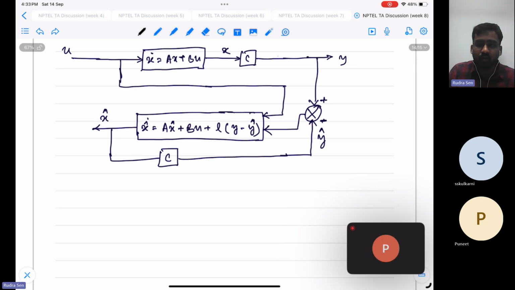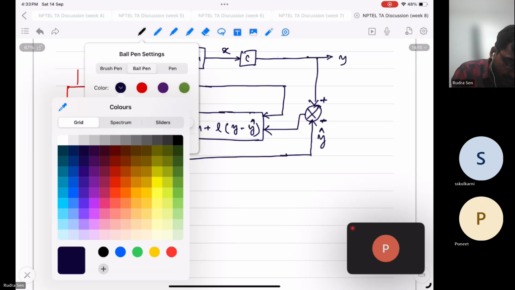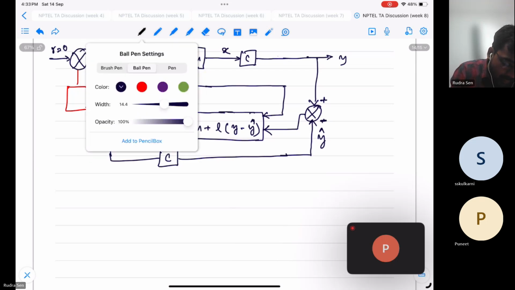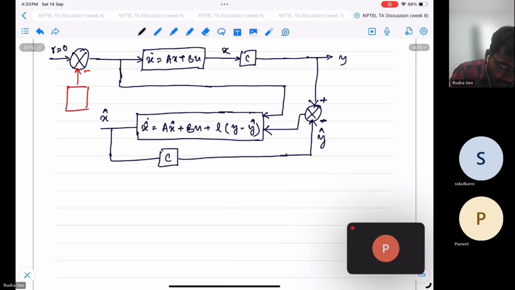Here the observer will do its work, and then my controller will do the other work.